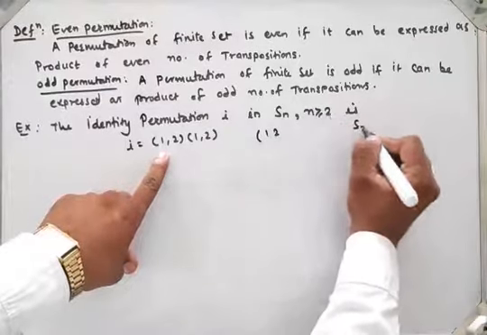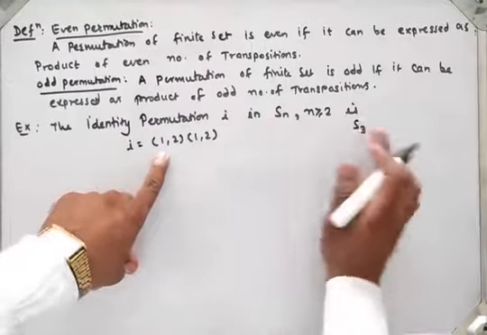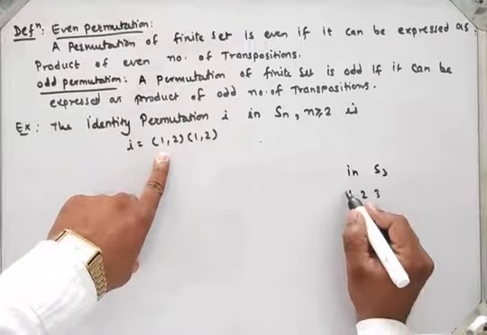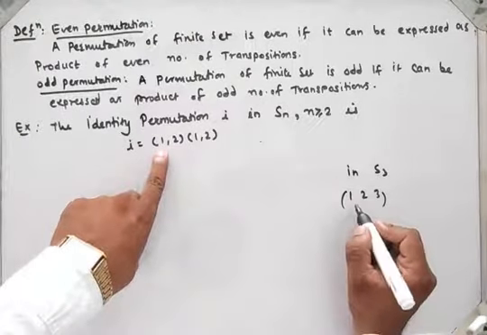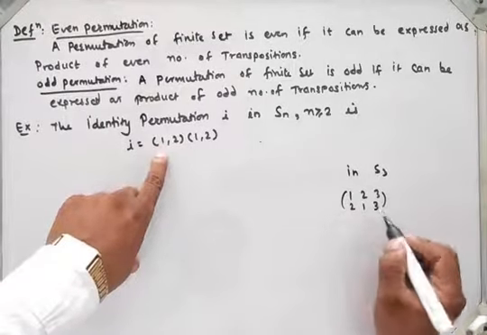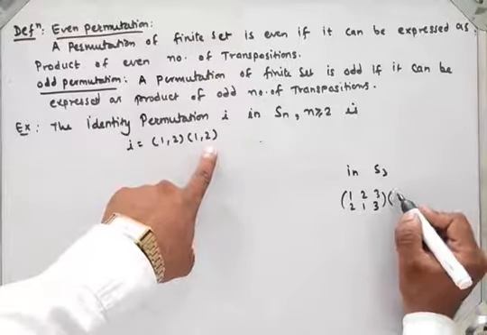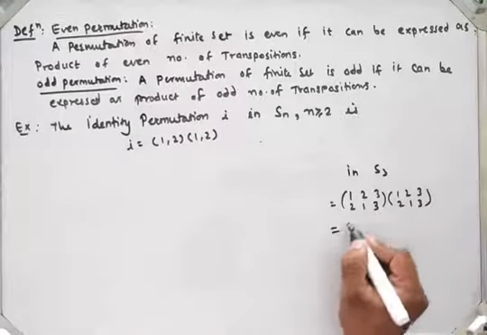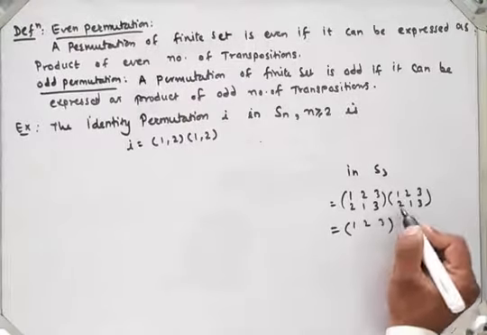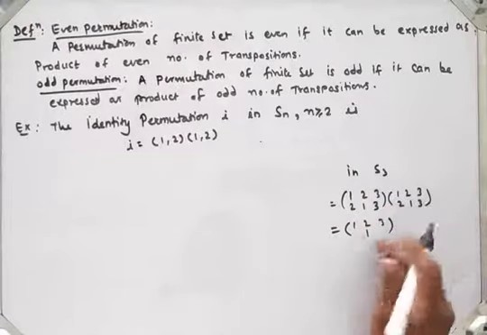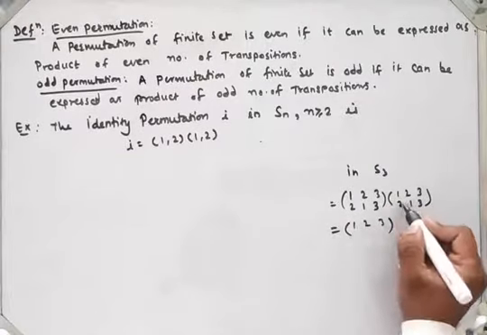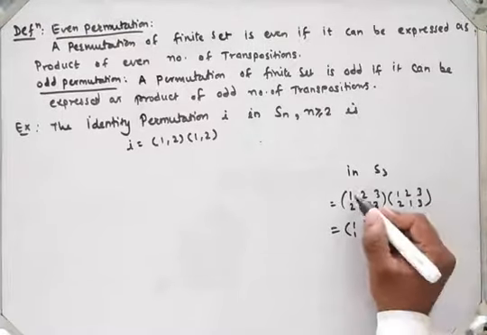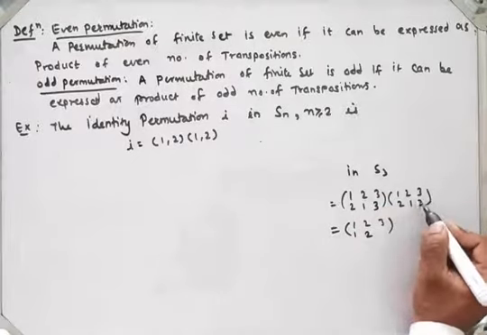Suppose we have S3, so in S3 there are 3 symbols: 1, 2, 3. Here (1 2) means 1 goes to 2 and 2 goes to 1, and 3 is constant. The second (1 2) is the same. So the product of these two: 1 goes to 2, 2 goes to 1; 2 goes to 1, 1 goes to 2; 3 goes to 3.